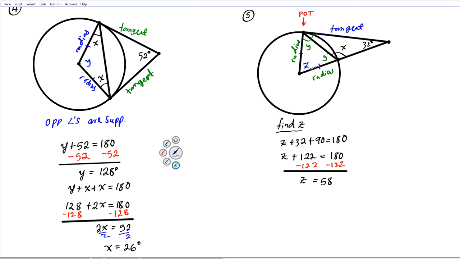We have that down. So if z is 58, we know that when we add z and these two y's, we're going to get 180 with the triangle angle sum theorem. So we're now going to find y. To find y, we know that z plus 2y is equal to 180, the sum of angles in a triangle. So z is 58 plus 2y is equal to 180. We'll subtract 58 from both sides.